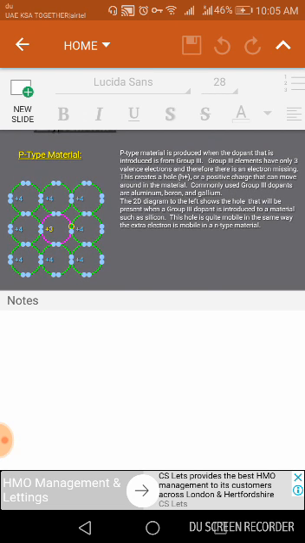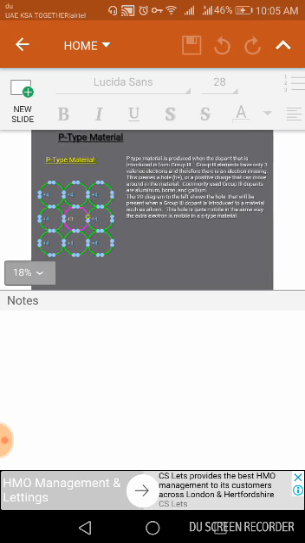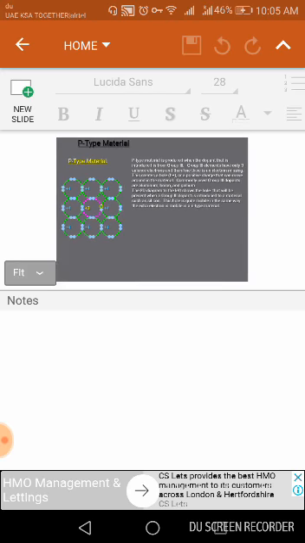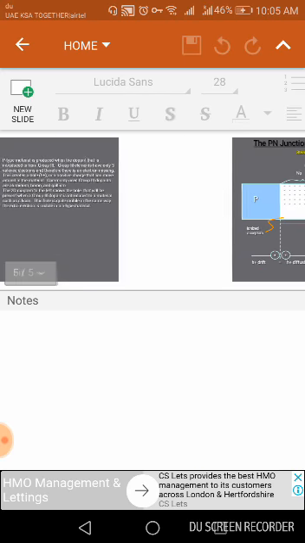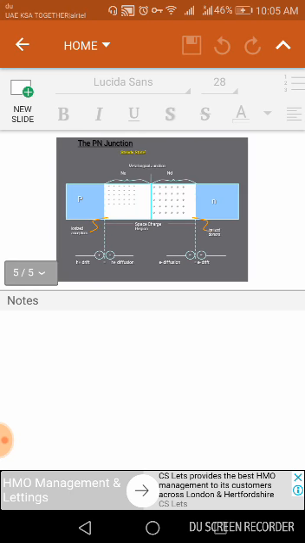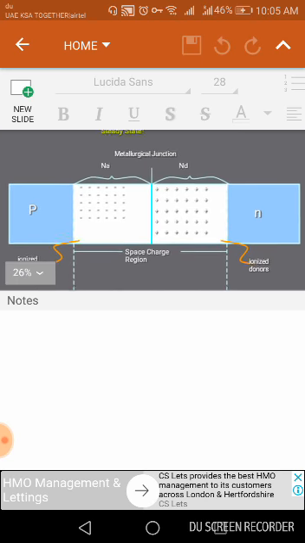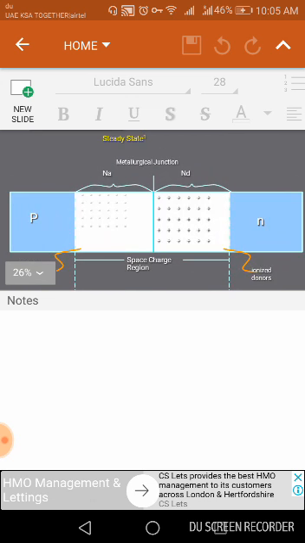When this piece of semiconductor is placed in equilibrium, that is, in the steady state, what happens? Due to the concentration gradient, the electrons from the N side will move towards the P side, and of course the holes from the P side will move towards the N side. Near the junction of the P and N regions, the holes and electrons will recombine and become immobile ions.